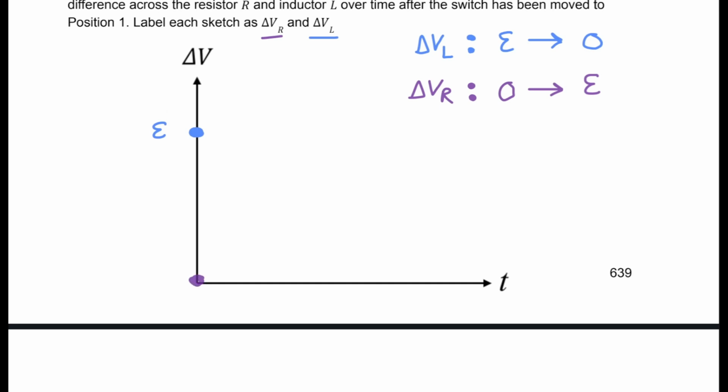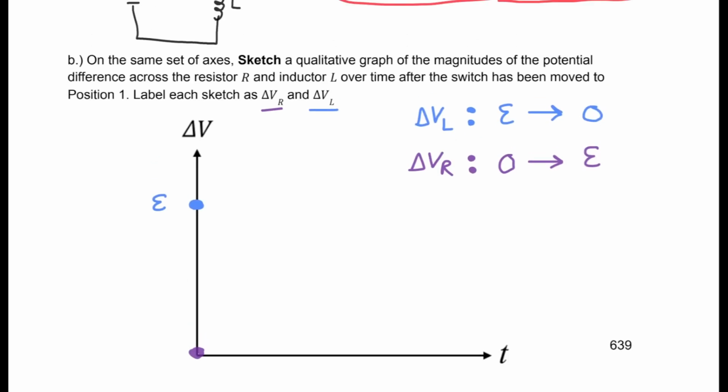Now we just got to figure out some connectors. So first, for the inductor, well, it's decreasing over time, and we said in any of these circuits, decrease over time always follows this exponential decay relationship. And then increase over time always follows this sort of asymptote relationship where it increases approaching that horizontal asymptote.